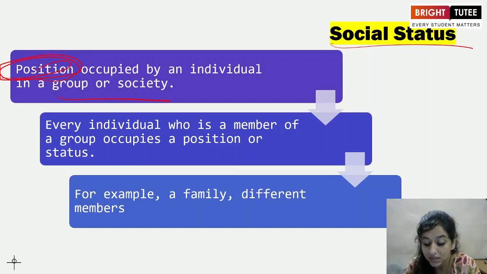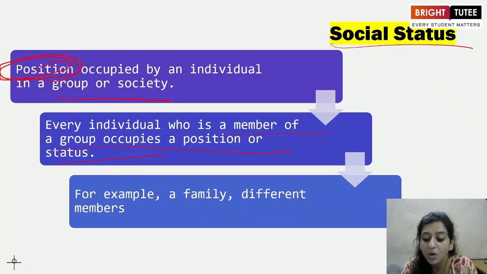His status in the group is considered that great, or at that higher level, that people want to listen to him, people want to accept or adapt their understanding of things, and that is how the process of taking decisions at times is influenced. Every individual who is a member of the group occupies a position or a status. It is not that even if you're a part of the group, you will not have any kind of a status.